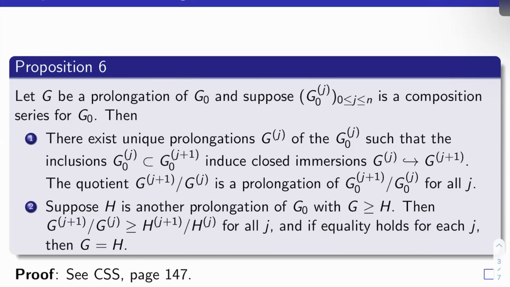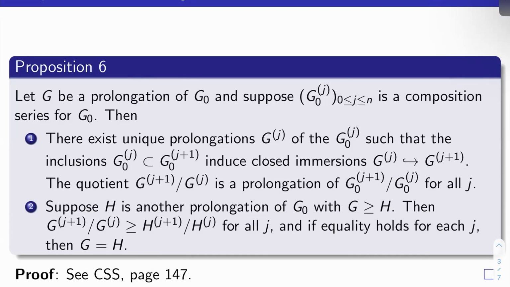Okay, then two things are true. There are unique prolongations, which we'll call G to the J, of the G to the J sub 0s, such that the inclusions that were given by the definition of composition series, G to the J sub 0 and G to the J plus 1 sub 0, induce closed immersions on the level of prolongations. So I'll get closed immersions from G to the J to G to the J plus 1.